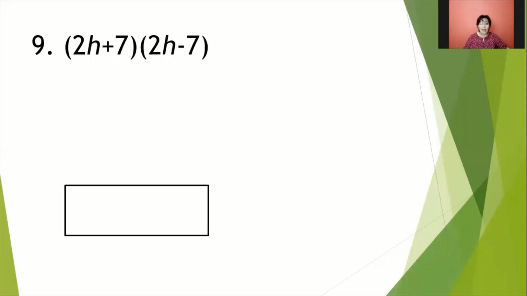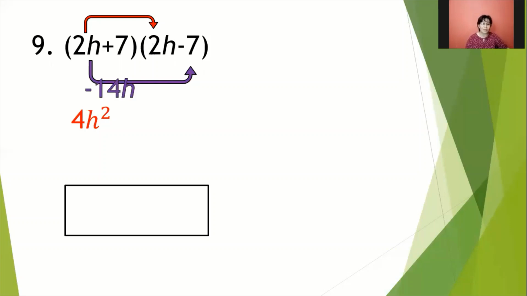Again, applying the FOIL method, we have 2h times 2h is equal to 4h squared. 2h times negative 7 is equal to negative 14h. 7 times 2h is equal to positive 14h.